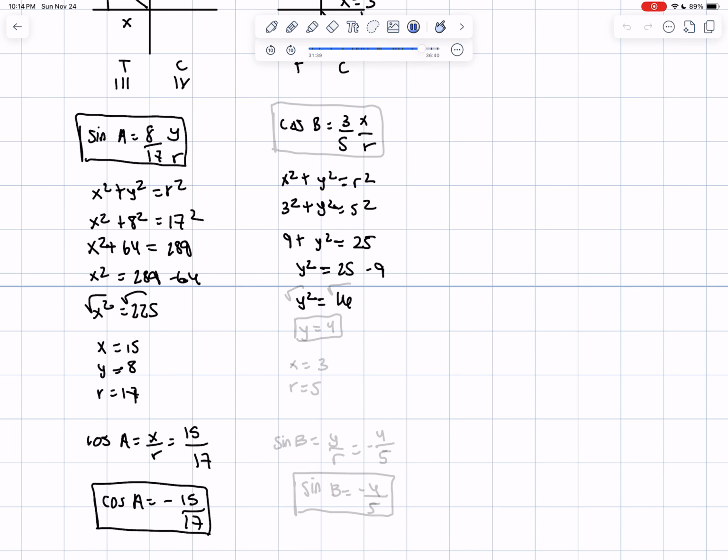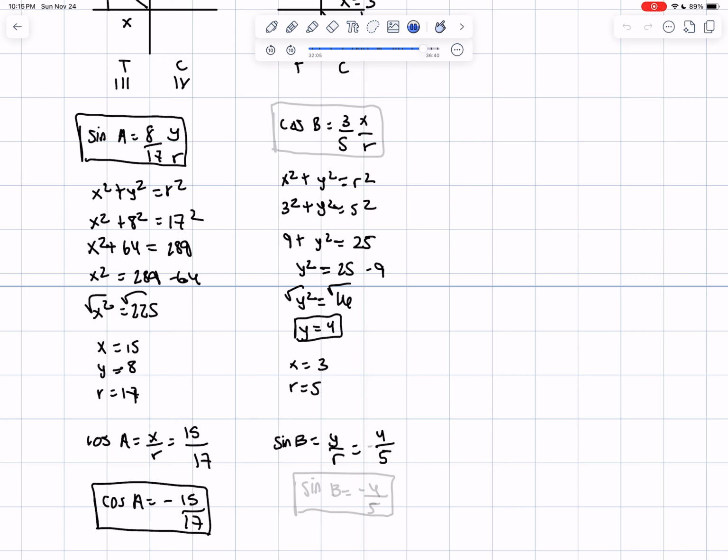Take the square root. Y equals 4. So we have our y, our x is 3, and our r is 5. Now I can find my sine B, which is y over r. Y is 4, and r is 5.